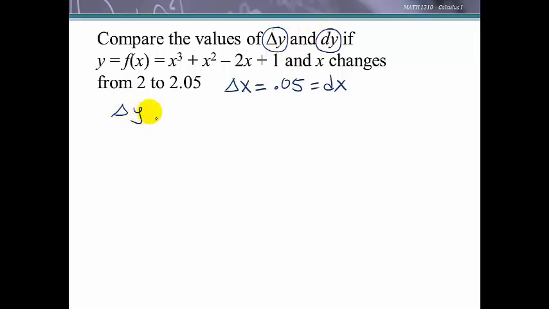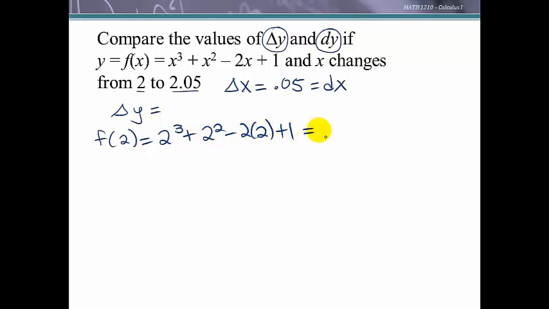So delta y would be our change in function value as x changed from 2 to 2.05. So we're going to need to figure out the function value at 2. As we put 2 in that function, we're going to have 8 plus 4 minus 4 plus 1, so that would give us a function value of 9.